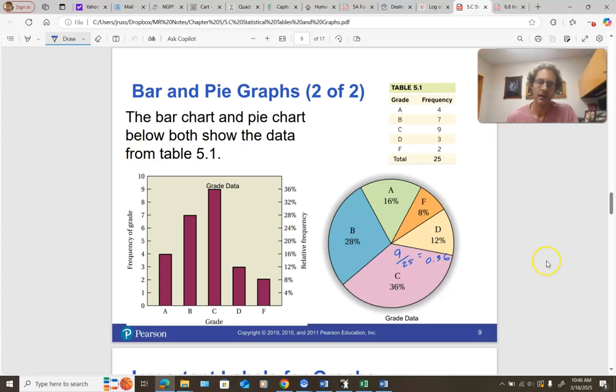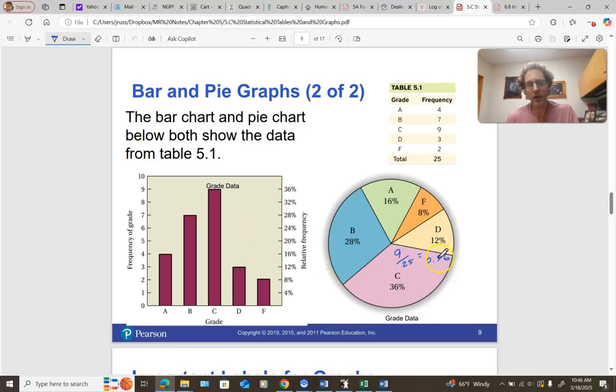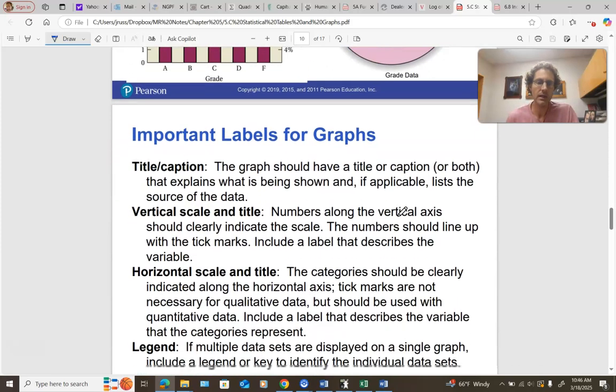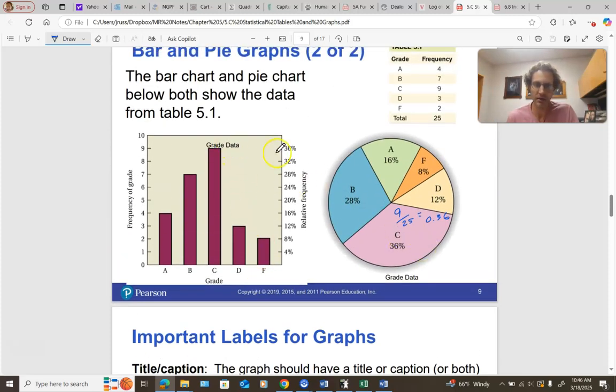Okay. All right, so now with any sort of graph or graphical representation of data, you need a title. If you look at this one right here or this one, both of these are titled "grade data," and that's very fitting because that's what this is.